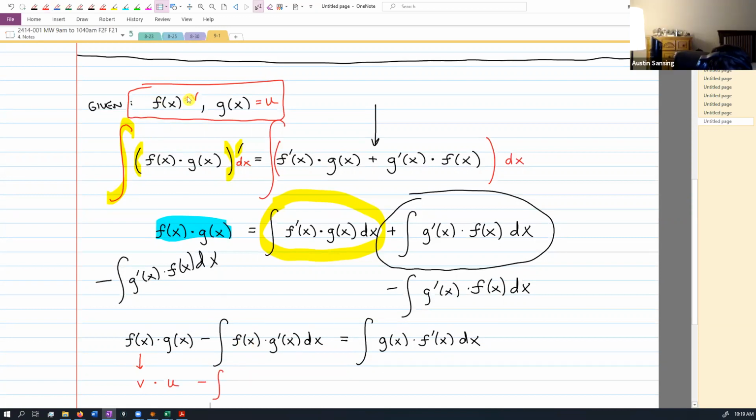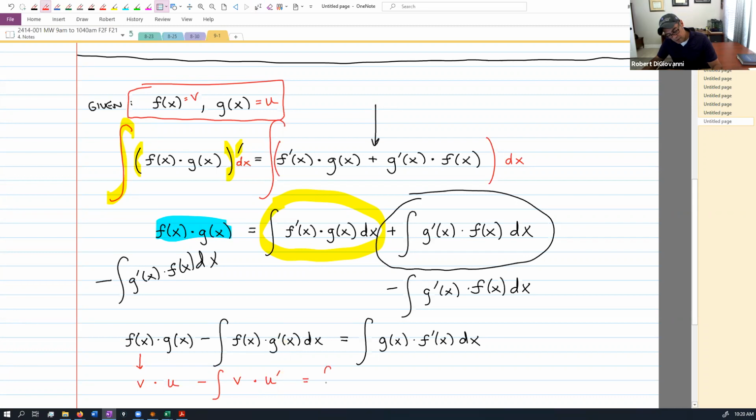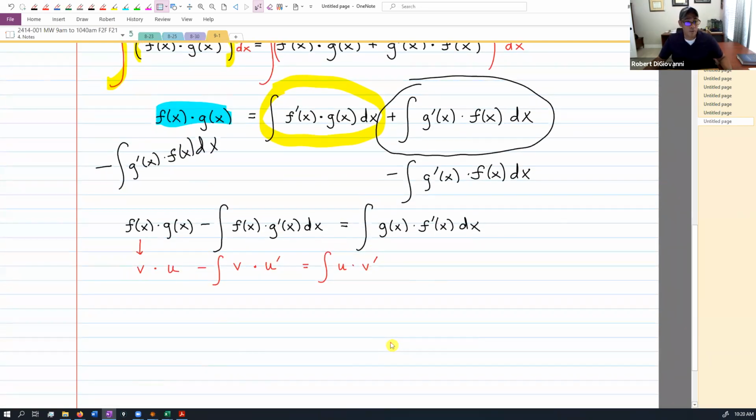V. And then times the derivative of g. Well, if g is u, then this will be the derivative of u, like that. And then equals the integral g was u, times the derivative of f, but if f is v, this will be v prime. You okay with that?